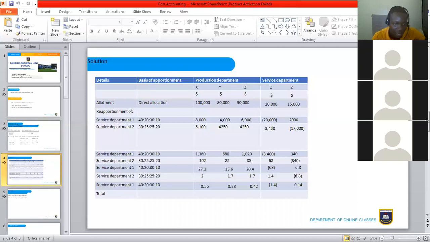We had 3,400. Okay. All right. And do not forget, we are apportioning 17,000. That is why it is in bracket. Okay, that is what we are sharing. So it is in bracket. Okay. All right. Any question?